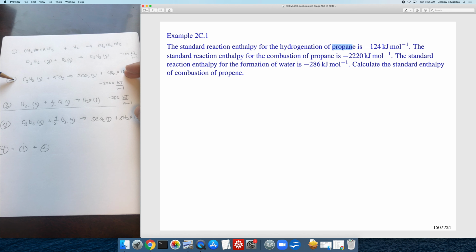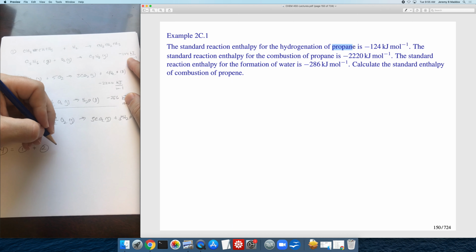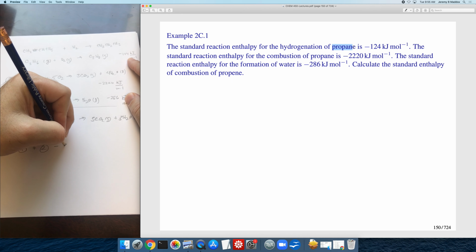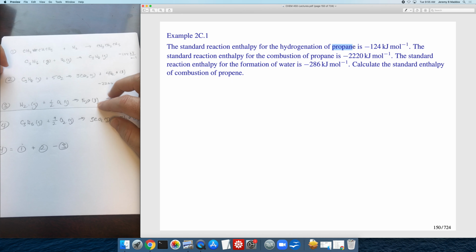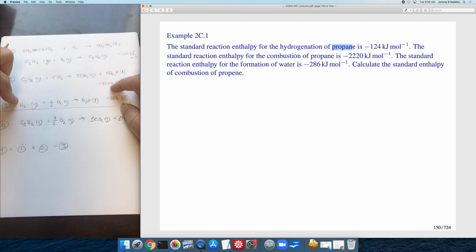So what you really need to do is take away 1 mole of water in the products so that you have the 3. The way to do that is to take reaction 3 and turn it around. And so if you subtract reaction 3, it will put this water on the reactant side, which is going to cancel one of the waters there. It's also going to end up canceling 1/2 of the 5 oxygens, which is going to give you 9/2 oxygen.